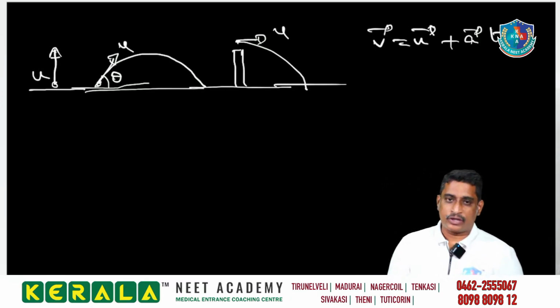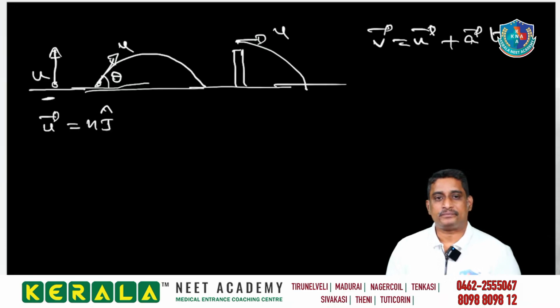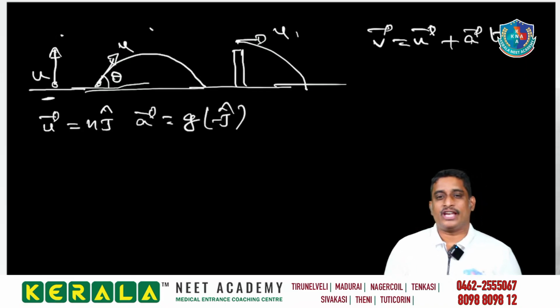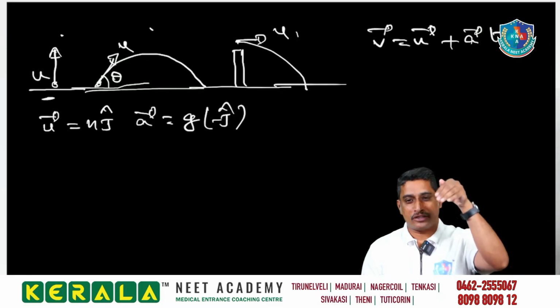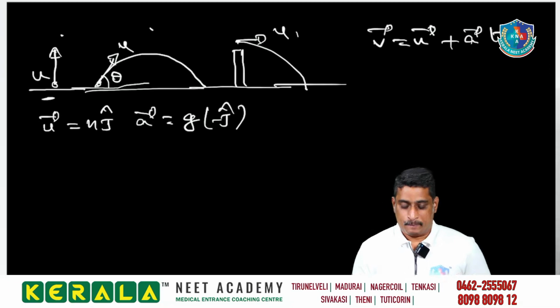In the case of a vertically projected body, the initial velocity will be u ĵ. And in all three cases, the acceleration of the particle is g(−ĵ), because acceleration acts downwards; we can represent it with the unit vector −ĵ.